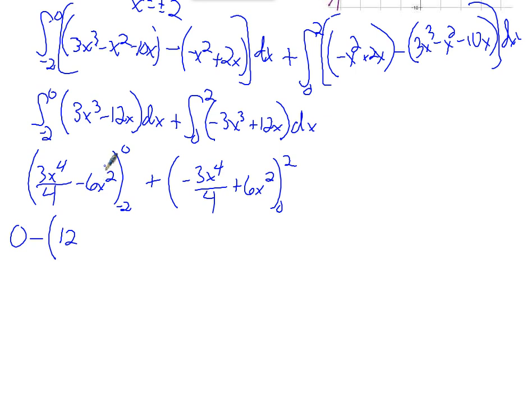Then negative 2 squared is positive 4 times 6 is 24, so that's minus 24. So I have 12 minus 24, which is negative 12, but it's negative negative 12, which is 12. Plus from this.